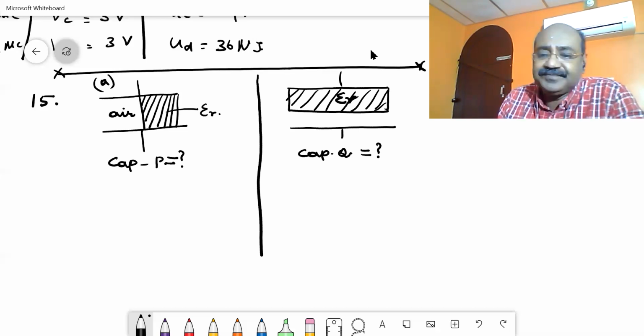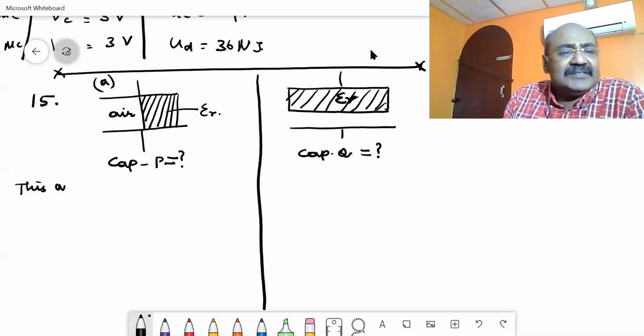See, this arrangement, what is the effective value of this arrangement?